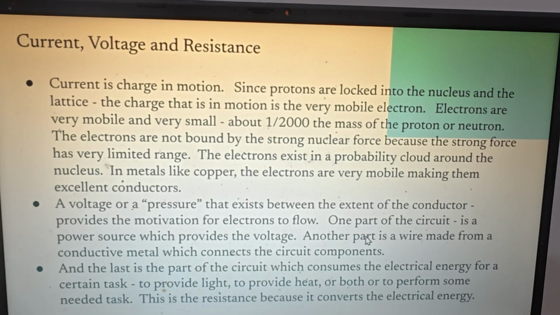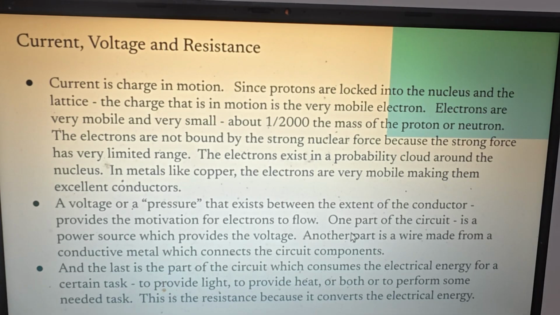Another part is a wire made from a conductive metal which connects the circuit components. For the purpose of our analysis, we will consider this wire to have zero resistance for now. It's sort of an idealized wire. In reality, the wire itself has resistance, but we won't consider that resistance for now.